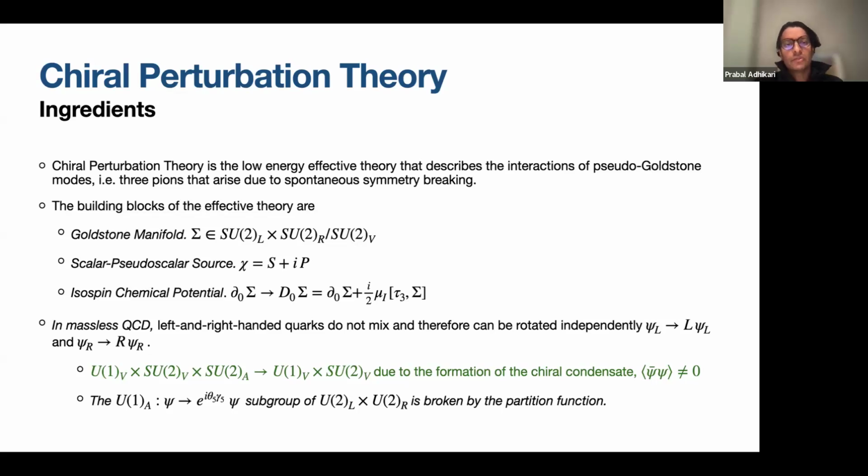The structure of the covariant derivative is interesting because it's proportional to a tau 3, which is present in the commutator. So if you wanted to ask what a baryon chemical potential does to this covariant derivative, you'll immediately notice that the baryon chemical potential is proportional to the identity, which means it completely disappears from the theory.